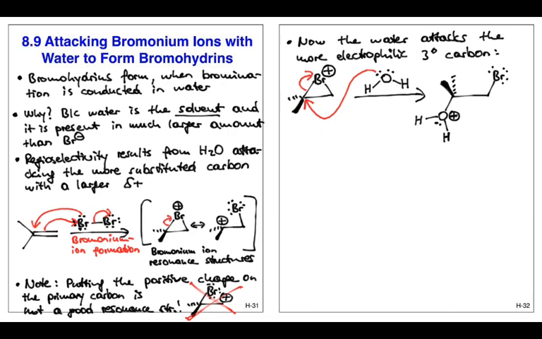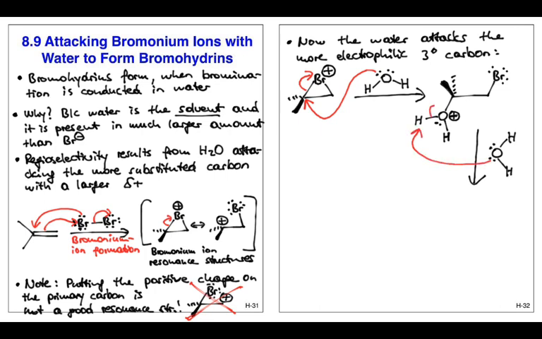So now in the last step, what do you think needs to happen? We just have to deprotonate that oxonium, that protonated water. And what is the base which does it? It's another water molecule. Well, it could be the Br minus formed in the first step. So either Br minus or another water is acting as the base. We're going to draw it here with water.